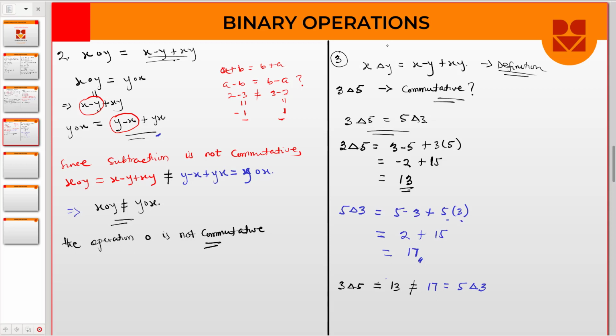So here we can conclude that 3 operation 5 is not the same as 5 operation 3. And since they are not the same, we say the operation triangle is not commutative.